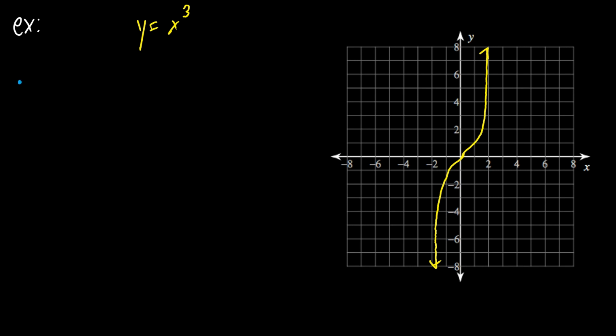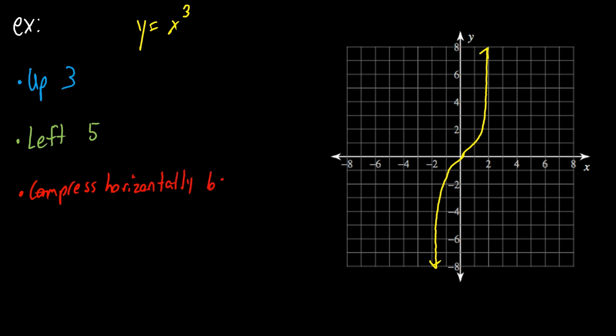Okay, so first we're going to shift up 3. We're going to shift to the left 5. We're going to compress horizontally by a factor of 2. And I'm just going to write by 2 times.